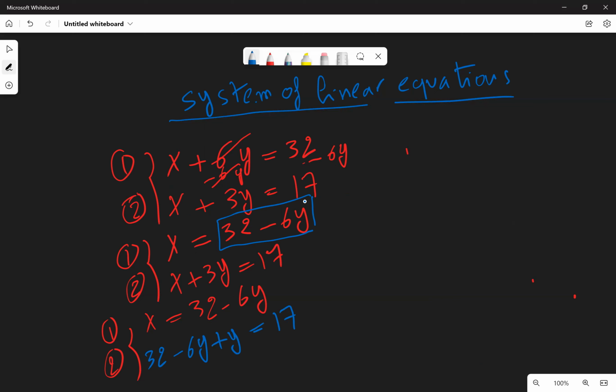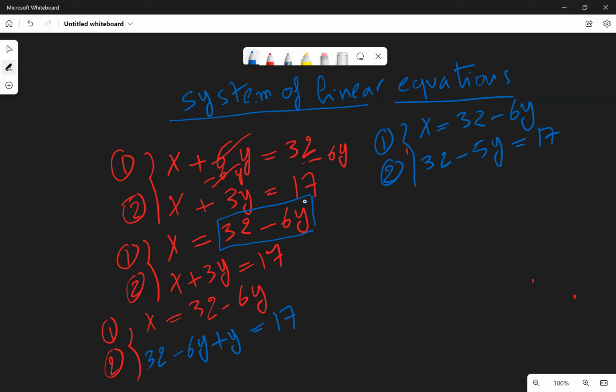All right, I'm just gonna go ahead and write my first equation again. It's not gonna be changed: x equals 32 minus 6y. And on the second equation, I'm gonna solve for y. So I have 32 minus 6y plus y, which means I have 32 minus 5y equals 17.